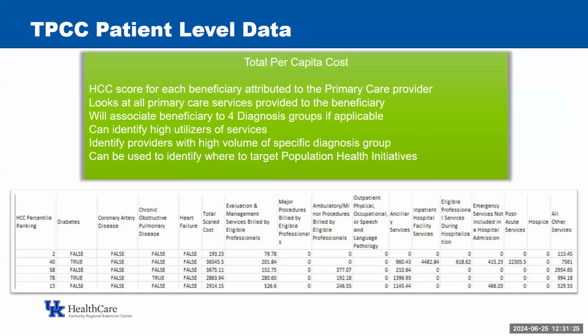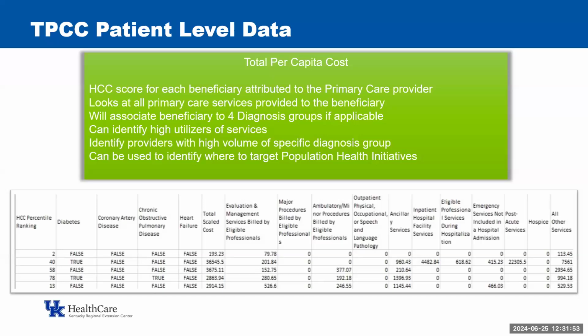So moving along. Jessica showed you an example earlier from Medicare spending per beneficiary. Total per capita cost looks very similar in how you download that data. However, the information is different. You do get HCC scores for each attributed beneficiary, similar to what you get in the Medicare spending.